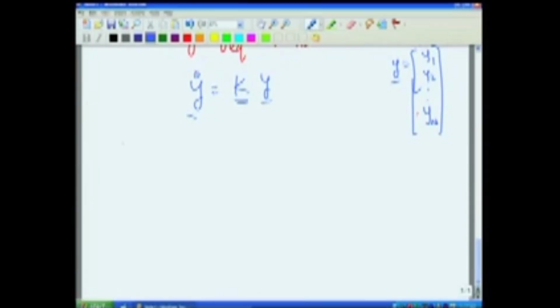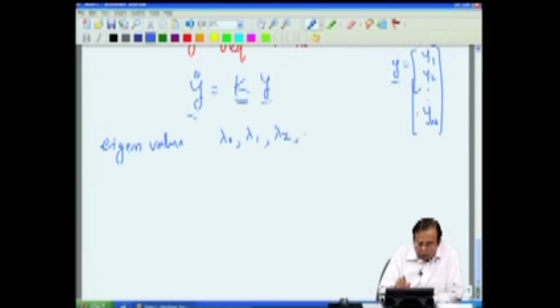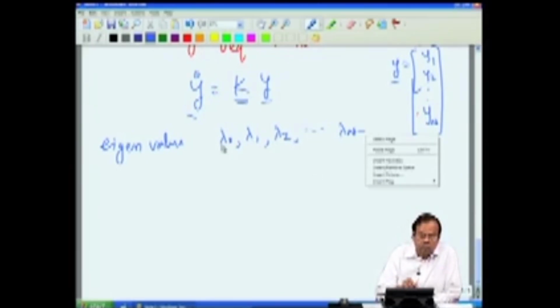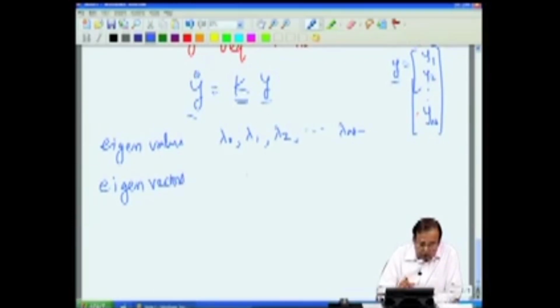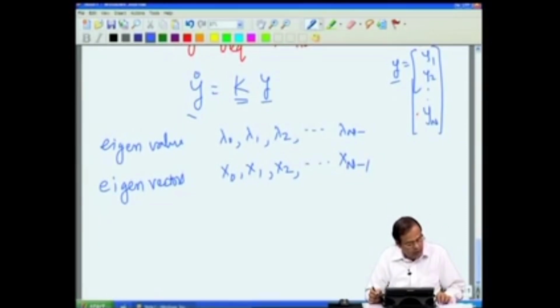We say that eigenvalues of this K are lambda 0, lambda 1, lambda 2, lambda n minus 1. One of those eigenvalues is 0, we know that, and eigenvectors, let us say x 0, x 1, x 2, x n minus 1. Okay.